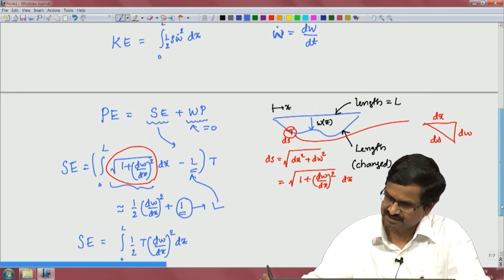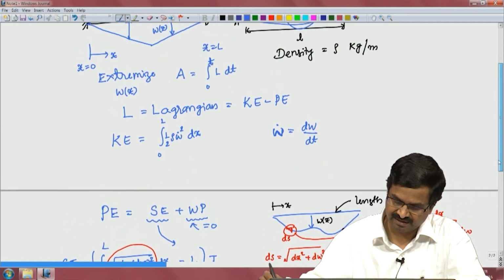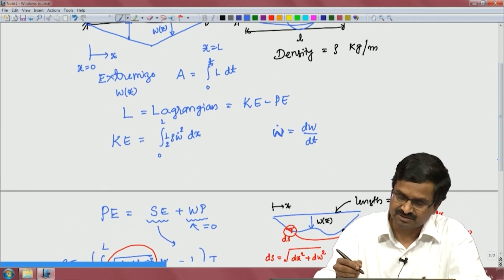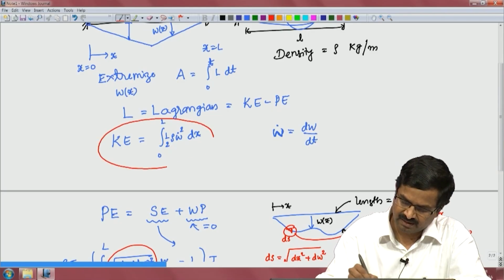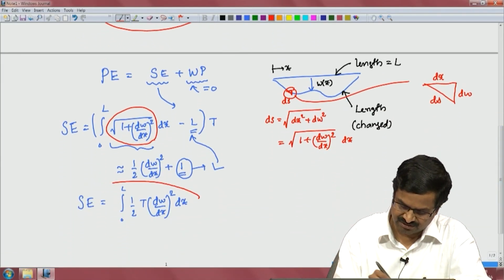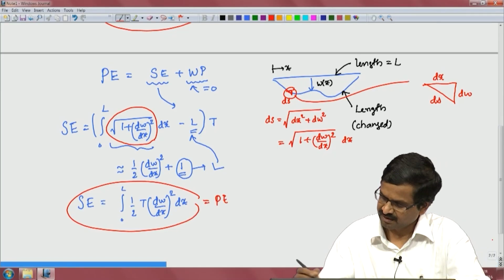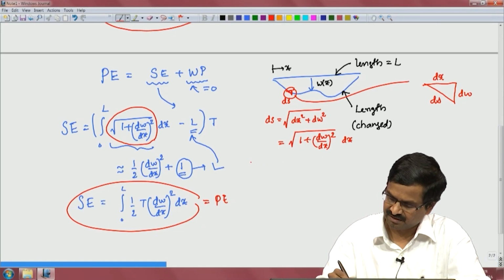Let us recall the kinetic energy that we have written over here, and now we also have the strain energy, which in this case is also equal to the potential energy.